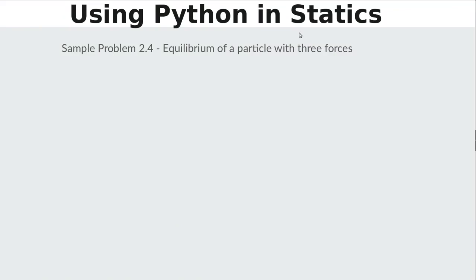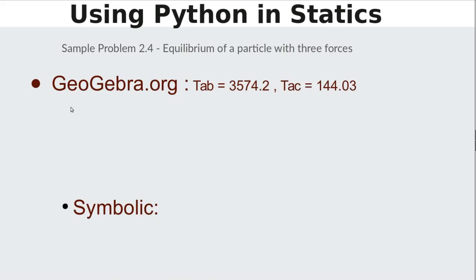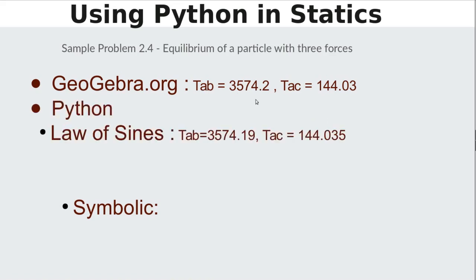So in our Python and statics, we're looking at equilibrium of a particle with 3 forces. I did GeoGebra.org and got our solutions for TAB and TAC. And in Python, I used law of sines, got the same values again.